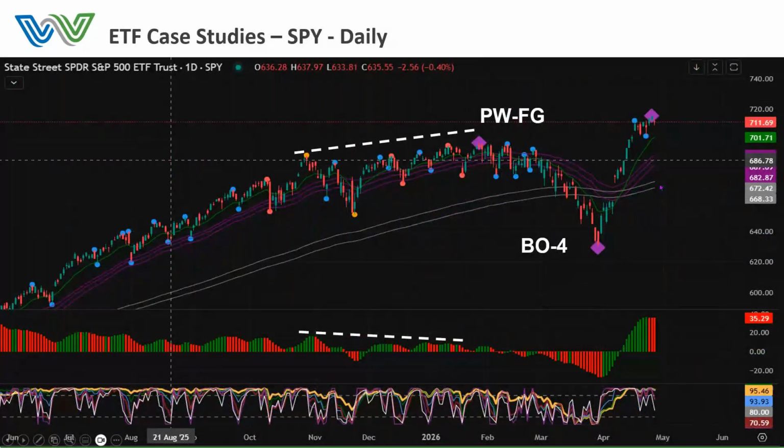Now, I want to show you some of the ETFs. So the SPY, this was taken today. Notice how we did have the price to wave, and we have nice divergence between this point and this point.